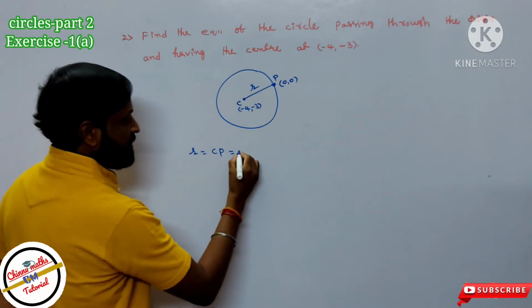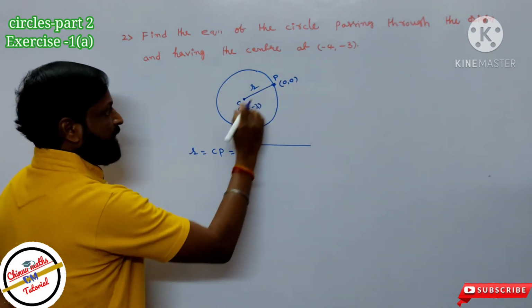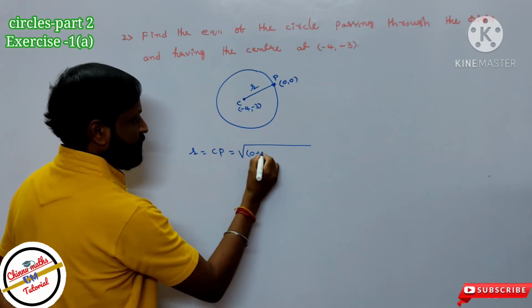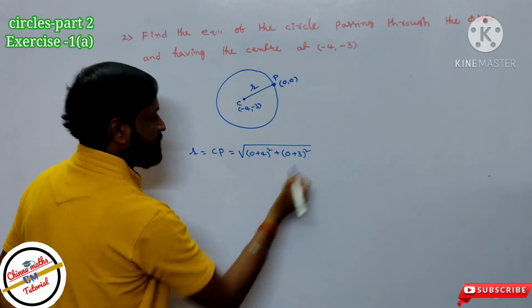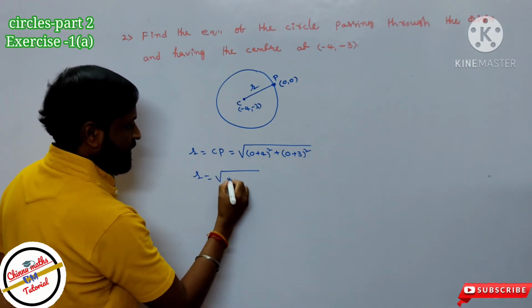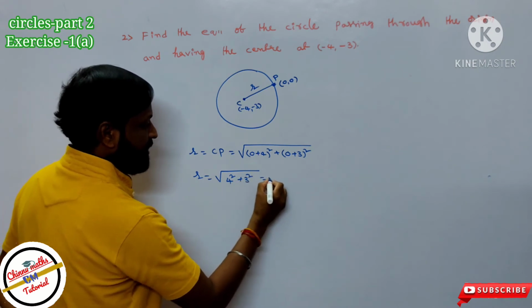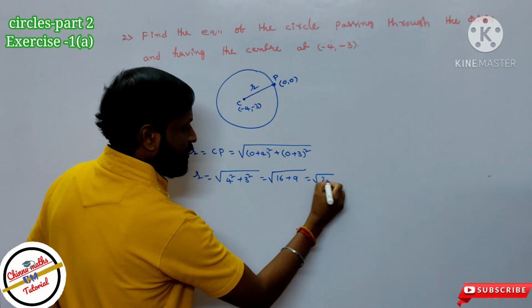CP means the distance between the 2 points, that is equal to square root of (0 minus of minus 4) whole square plus (0 minus of minus 3) whole square, that is (0 plus 4) whole square plus (0 plus 3) whole square. Then radius r equals square root of 4 square plus 3 square, equal to 16 plus 9, equal to root 25.